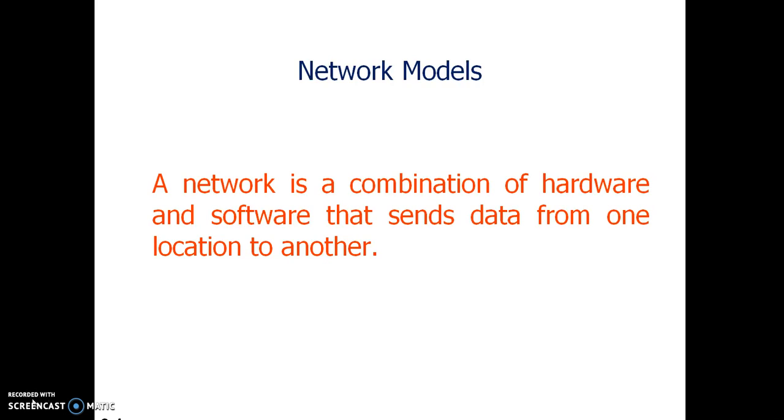For example, we can think we have two devices, one on the left side and one on the right side. When you want to transfer data from the left side to the right side, it is called communication. It is a combination of hardware and software that can accomplish the task.